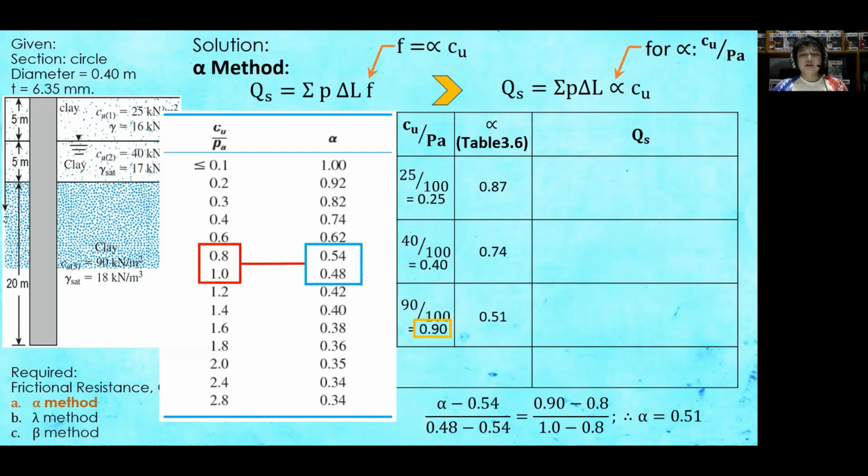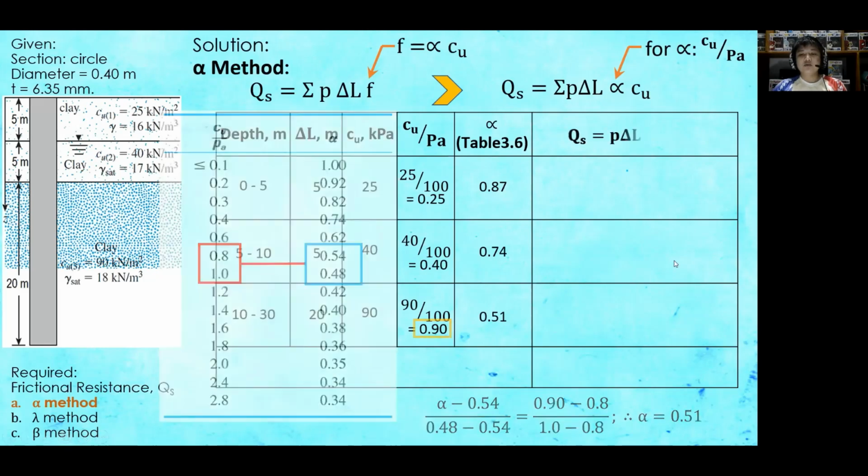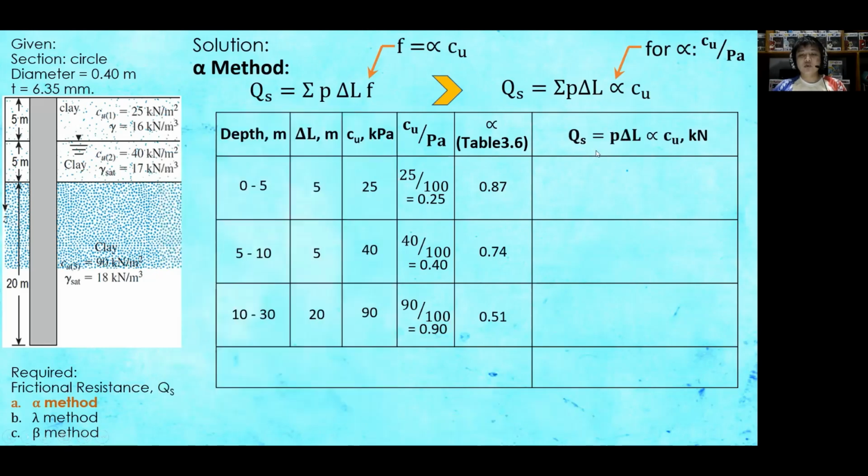So for the last phase, we have now the segment QS. For the individual segment QS, it is equal to P times delta L times alpha times CU, wherein the unit is in kilonewtons.